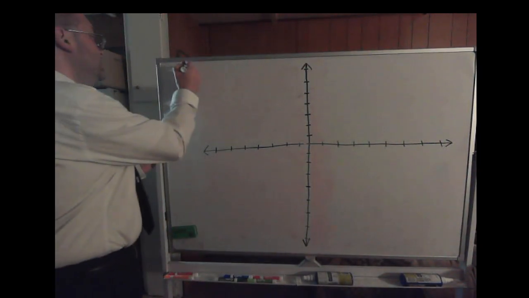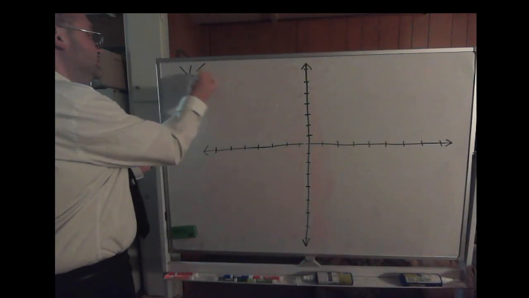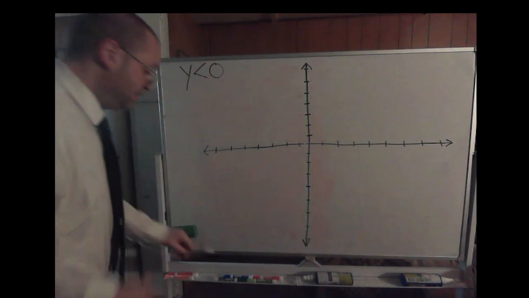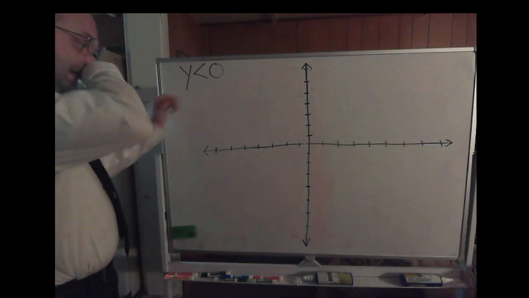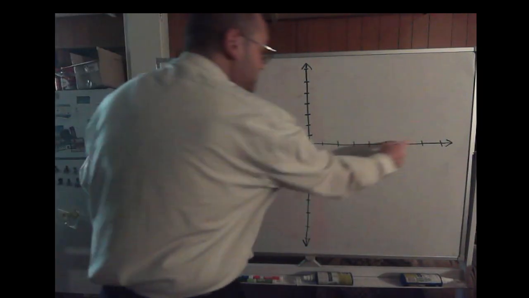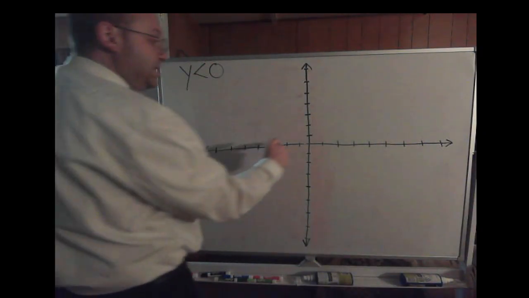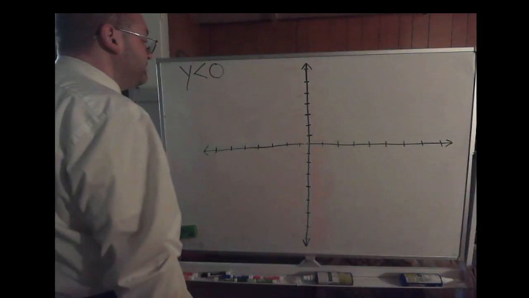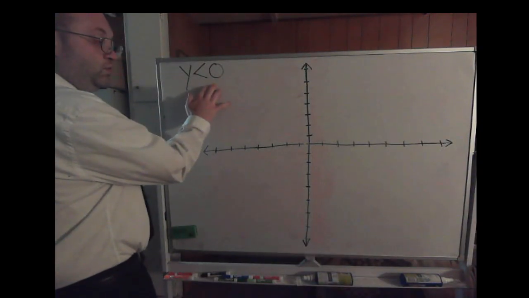Then let's say we did y was less than 0. So y is less than 0. Since it's just less than, you would draw a dotted line through y equals 0. I'm not going to do that because that coincides with the x-axis. I don't want to mess that up. So you're not going to include y equals 0.